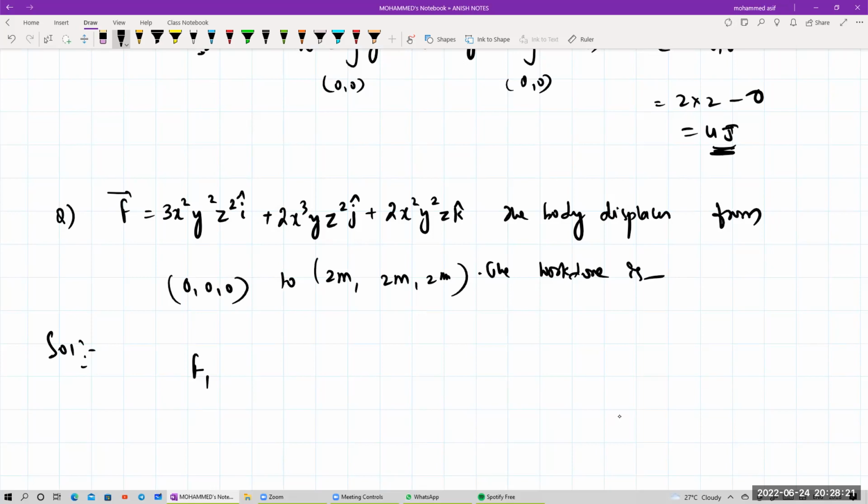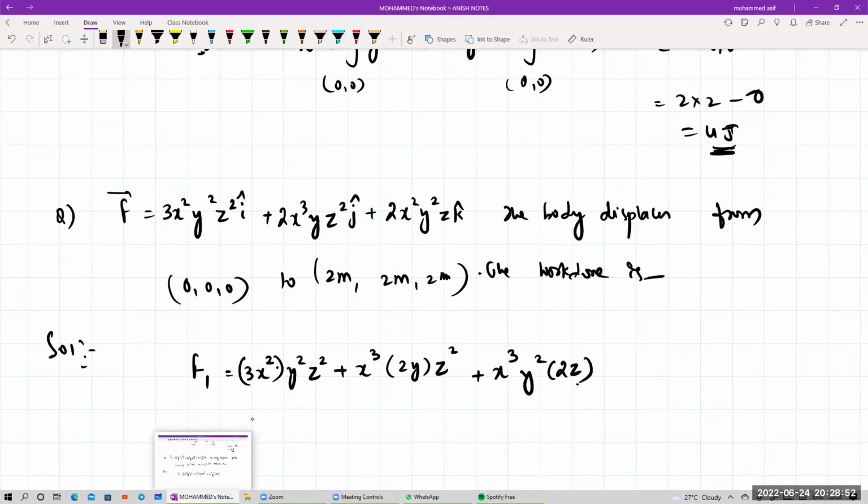F1 will be 3x square y square z square, plus x cube 2y z square, plus x cube y square 2 times z. That means it is the differential of x cube y square z square.